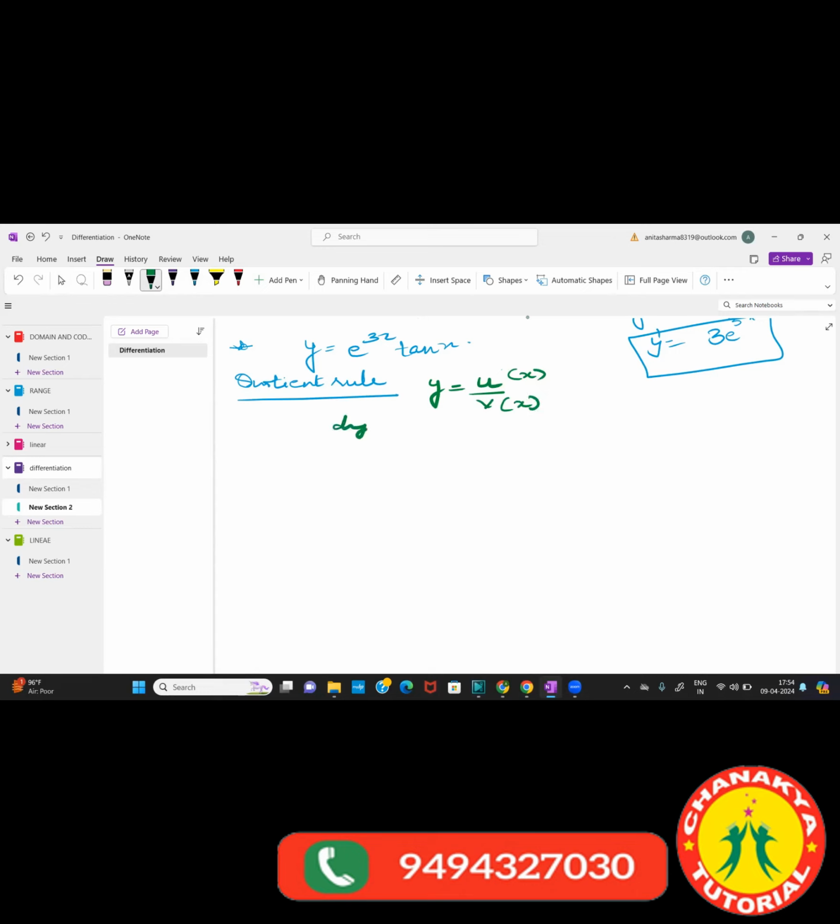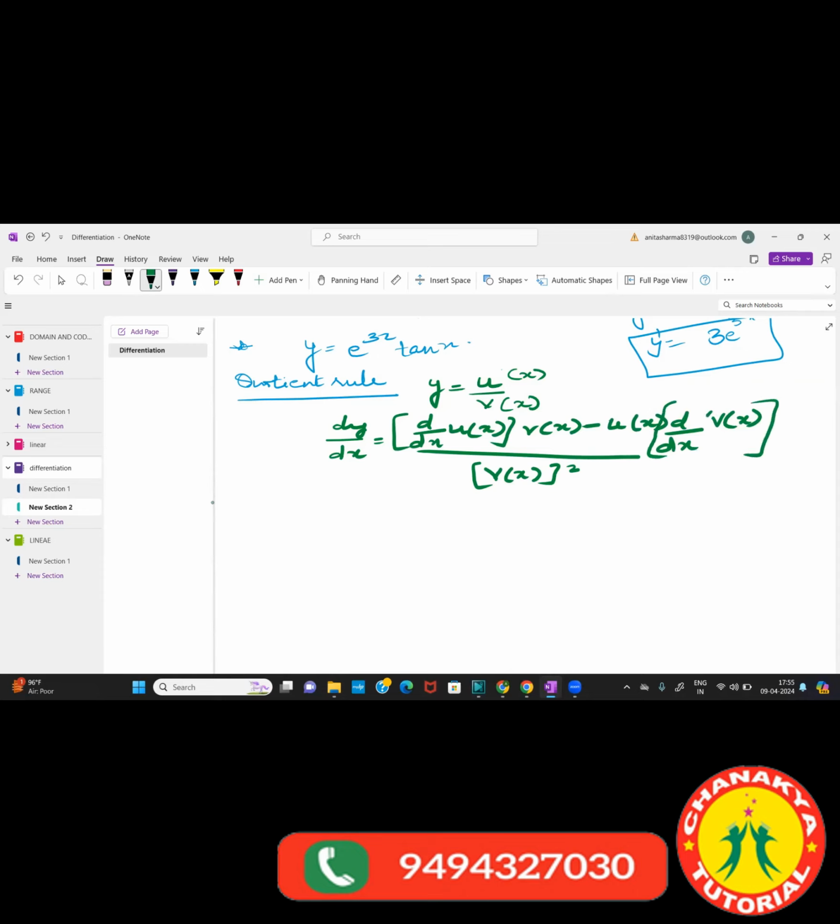So what will your differentiation be, beta? First of all, you have to square the denominator part, right? Then find the differentiation of the first function, then v as it is, minus the first function as it is, and then the differentiation of v, the denominator.